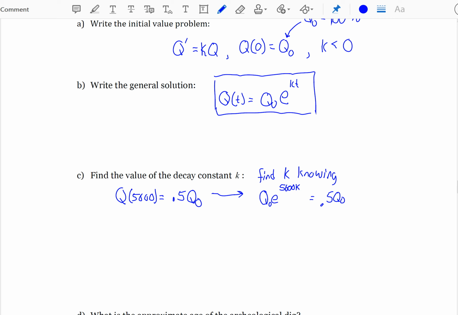Now, if we're solving for K, notice that we could divide both sides by Q naught so that they cancel.